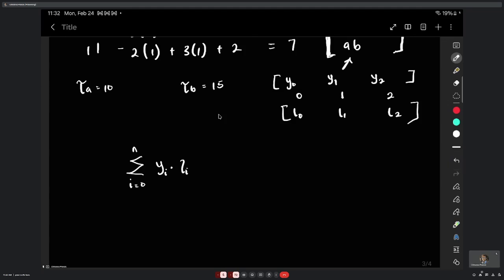We can think of a polynomial as this. Do we agree? Why do you agree? Because that is Lagrange. This is Lagrange.